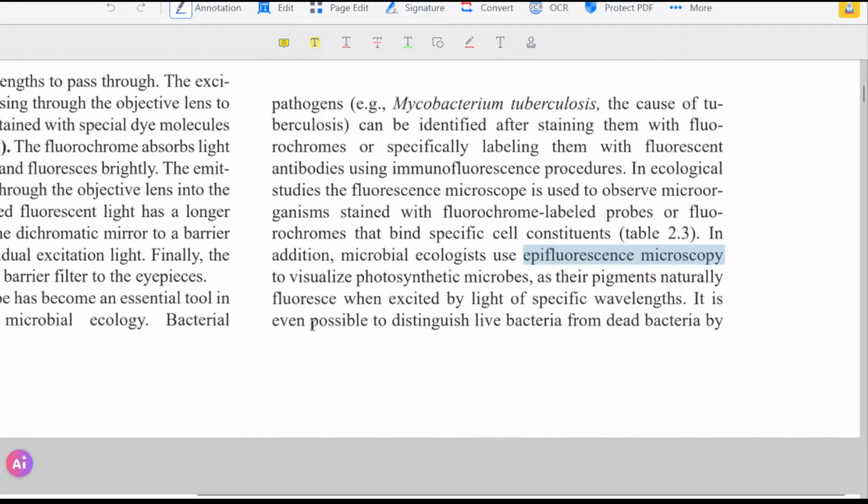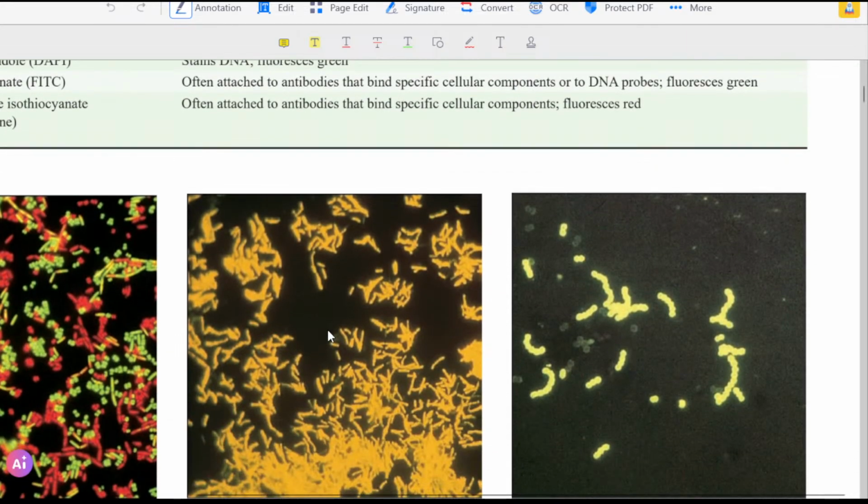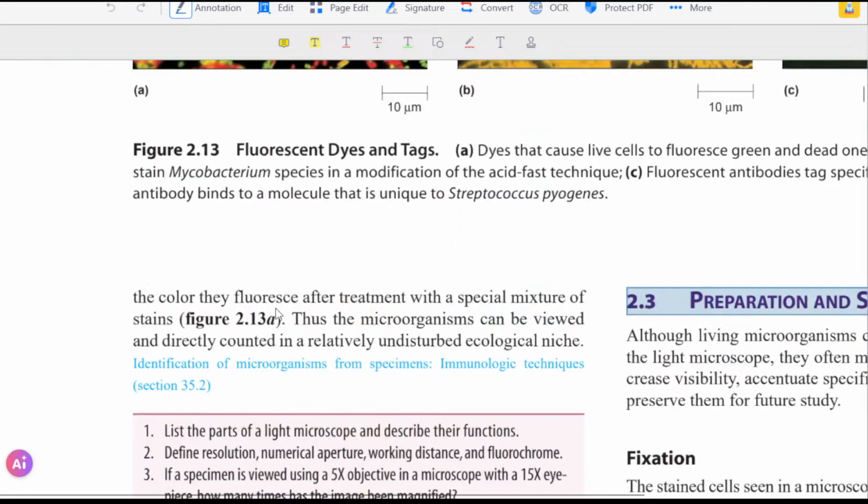So it is even possible to distinguish live bacteria from dead bacteria by this kind of microscope, by the color they fluoresce after treatment with a special mixture of stains.